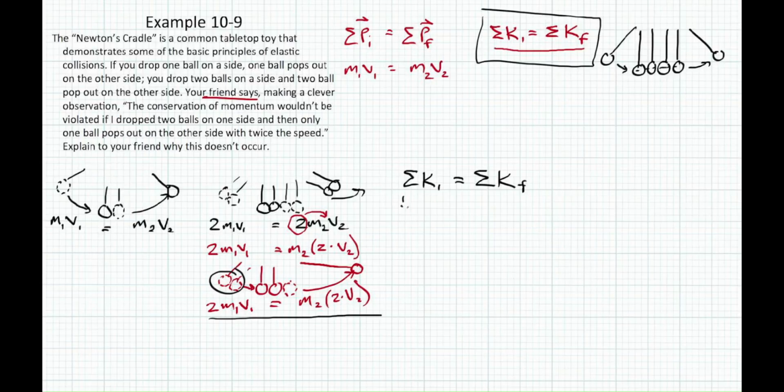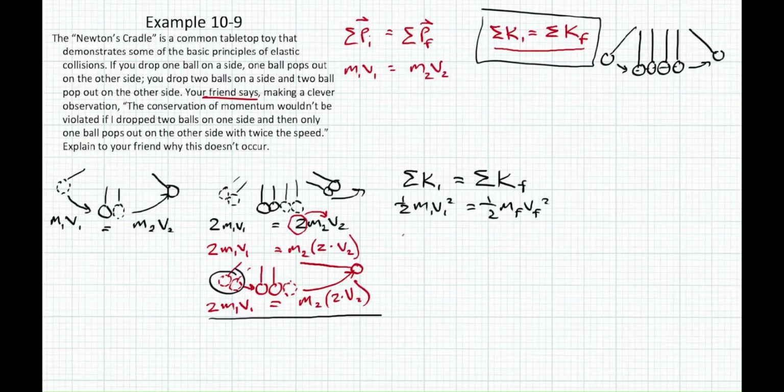So that's like saying 1/2 m initial v initial squared equals 1/2 m final v final squared. Or I could say m2 v2 squared. So that has to be true. So what happens then if we take these values for this equation and stick them in? We would get this.